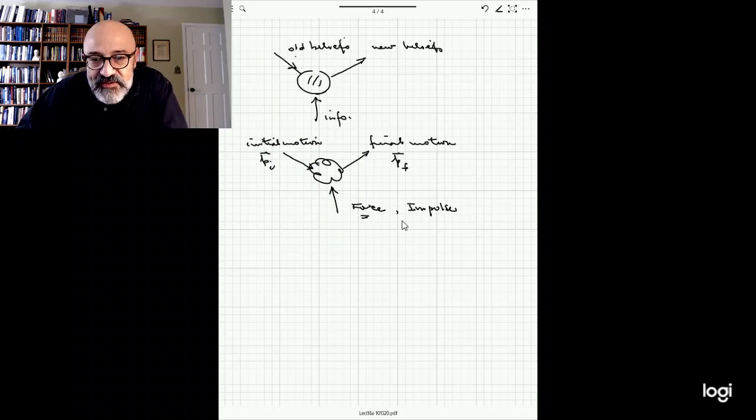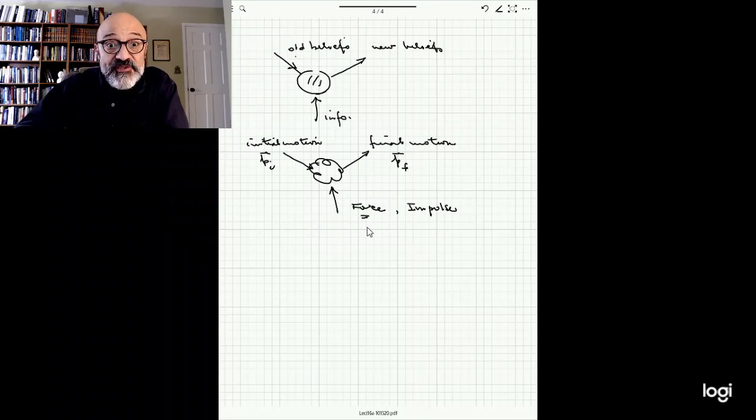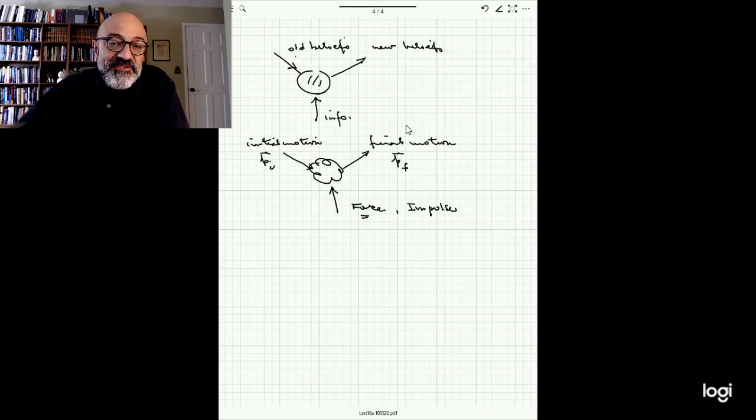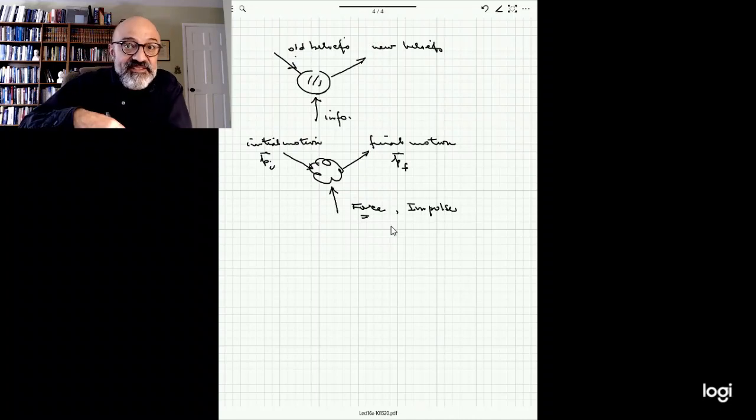We do not need to be much more specific in order to figure out what a force might be. We only need to figure out what the effects of force are, and then we proceed. So the real genius in somebody like Newton was that he did not need to explain how it is that you have a force of gravity acting at a distance.